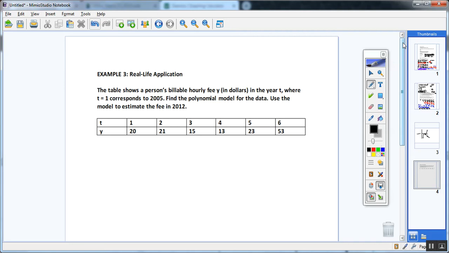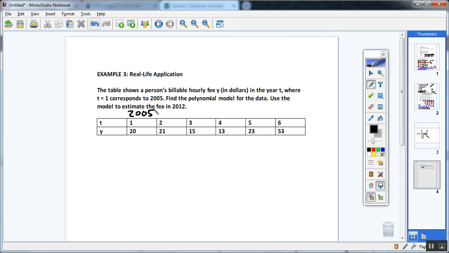I'm just going to jot this down. 2005. Find the polynomial model for the data, and then use that model to estimate the fee in 2012. They're saying put this information in, come up with a function, and then use that function to model what the value of the billable fee will be in 2012.